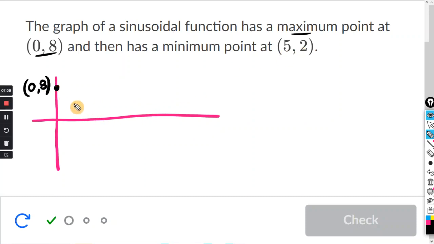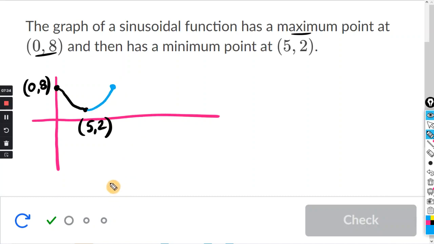So it goes down a little bit. Let's say about right there. That's going to be 5,2. All right, so the function starts at the max, goes to the minimum. Okay, and I'll complete the one period in a different color. If we go back up to the maximum, that's going to be one period of the function.